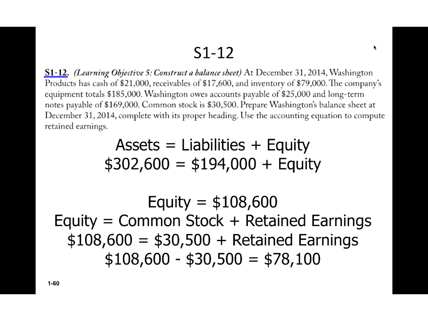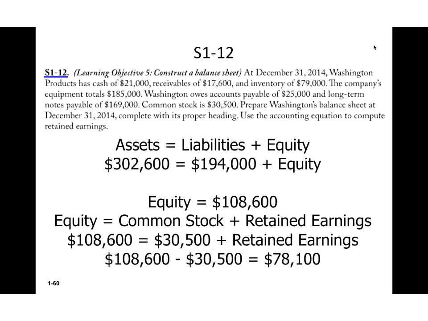So what we can do here is we know what common stock is. Equity is $108,600. Equity is common stock plus retained earnings. So now we can plug in what we know. We know the $108,600 is what we solved for. Common stock of $30,500 was given in the problem.